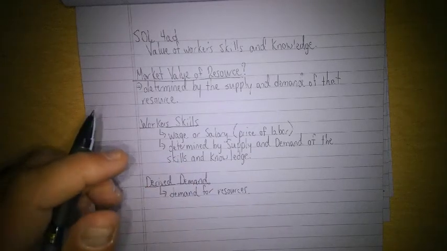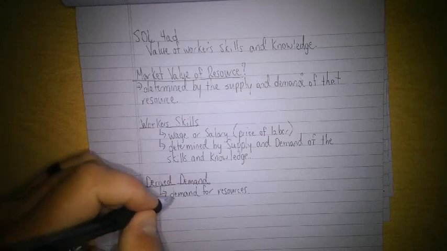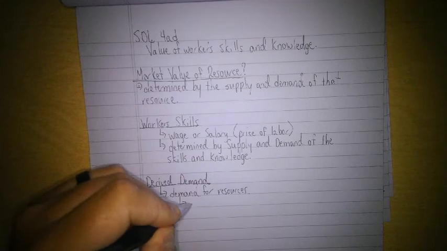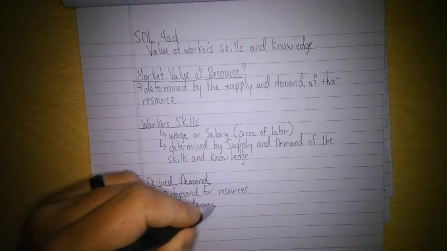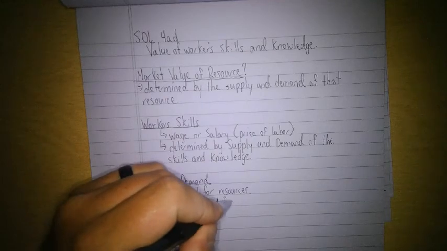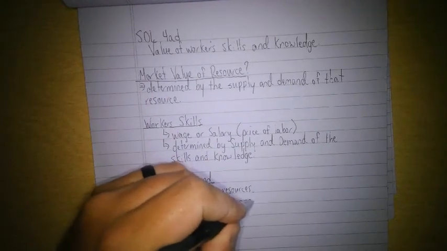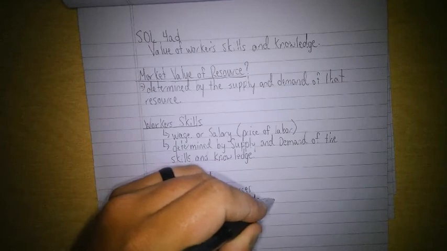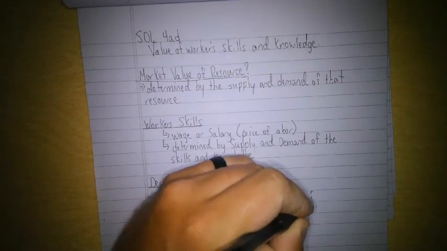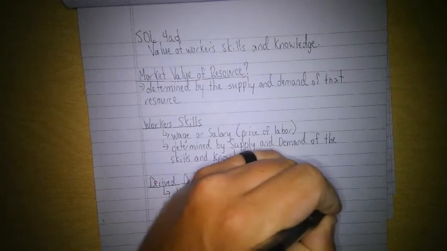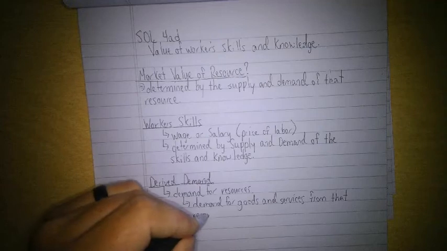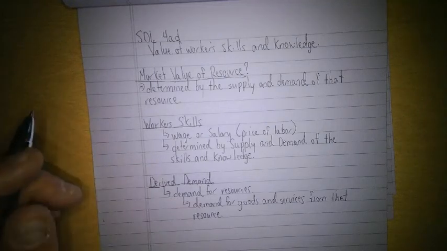And then what you need to understand is that once you figure out the demand for those resources, write this down, derived demand is the demand for goods and services from that resource. Now, does everybody understand what I mean by that? Does that make sense? Is that confusing?